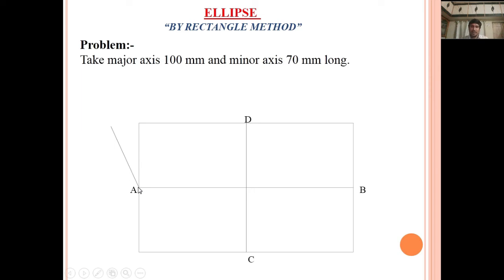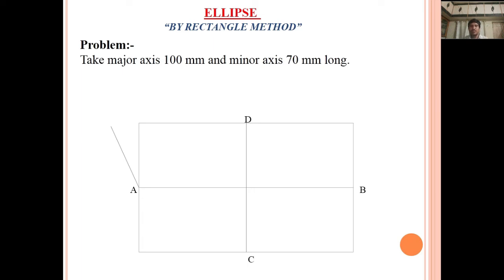From the point A, draw a 15 degree line, but this line is drawn in the required equal divisions. Here we require 4 equal divisions.